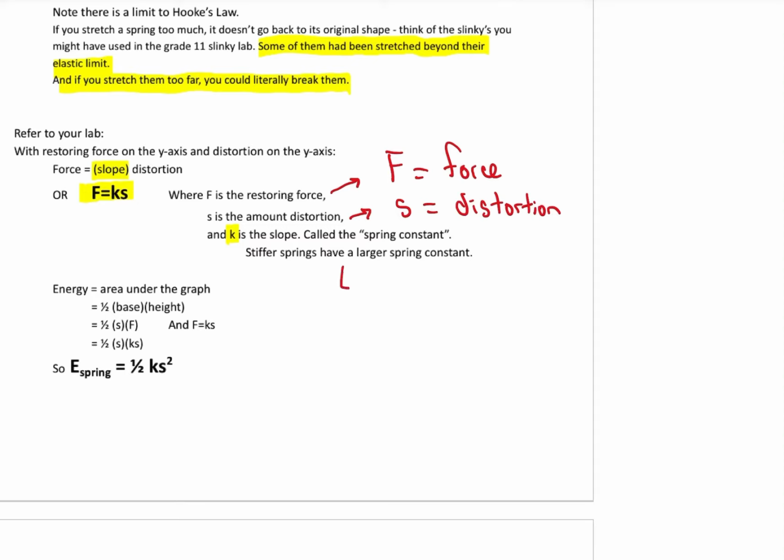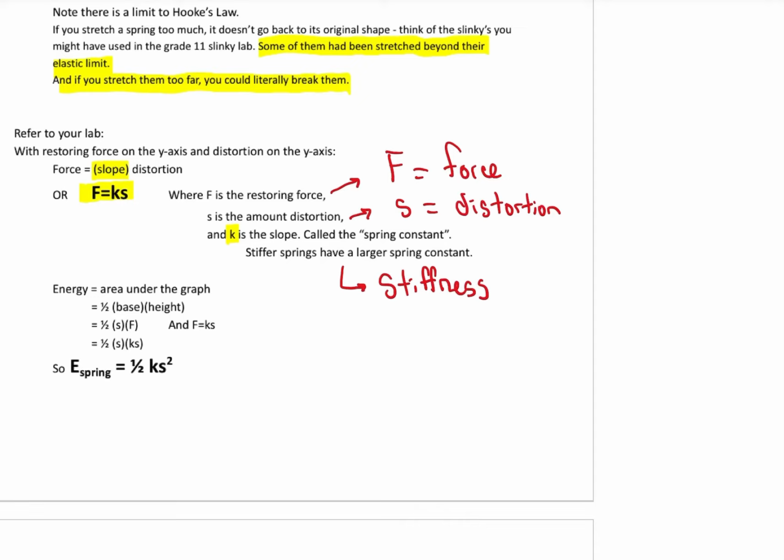But k basically is a number to tell you how stiff the spring is. If you've got a spring like in the end of your pen, that's going to have a fairly low spring constant, a low value for k. Every car has got springs in the shock absorber system.